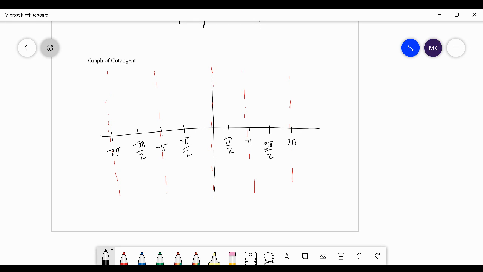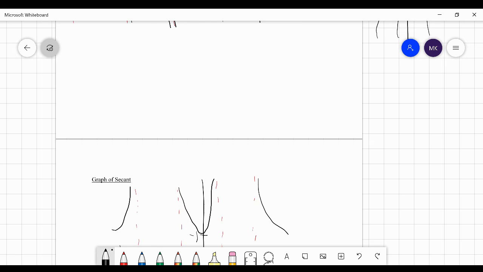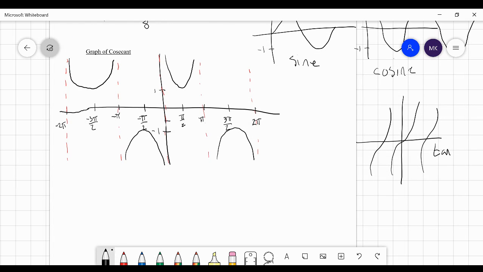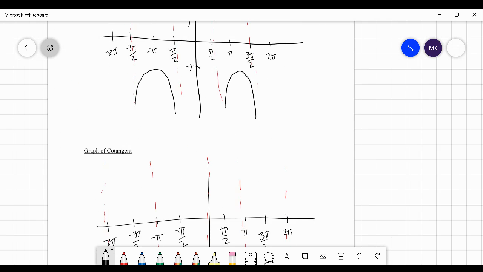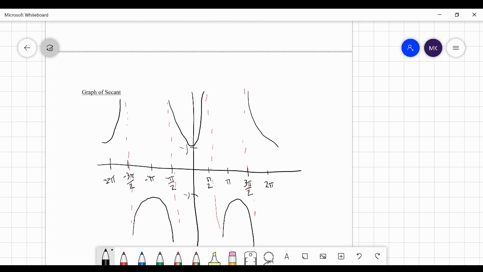So again, anytime the y is 0, we get these asymptotes. And so that's why our asymptotes are at the same spot as they were with secant or cosecant. So tangent started down and went up like that. Okay. Cotangent does just the opposite. It starts up, works its way down. Okay. That's it. I mean, it's really that simple.